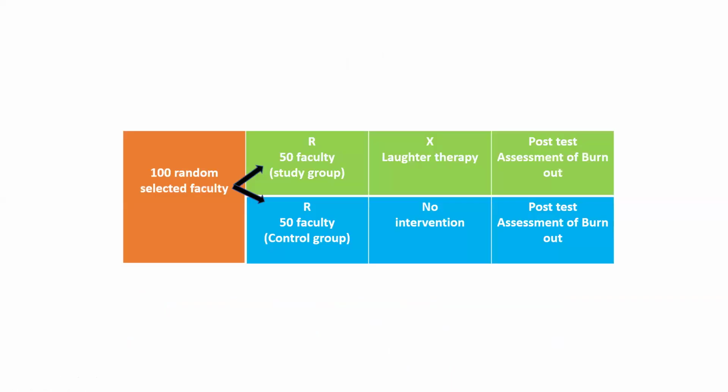Again, one more example: the effect of laughter therapy for 50 faculty, control group and study group. No intervention, post-test on burnout. So only a post-test. Here, these 100 faculty are randomly selected, which is very important in true experimental design.